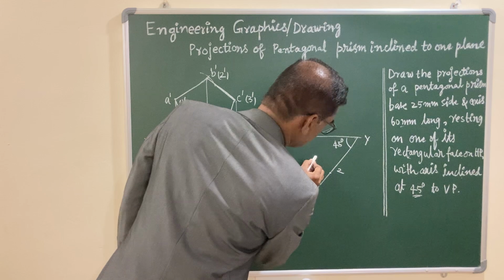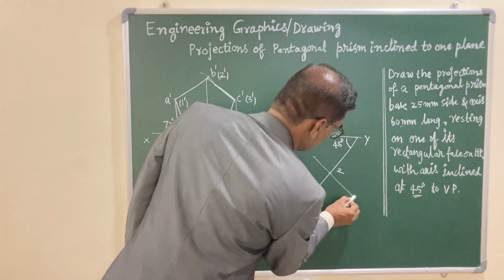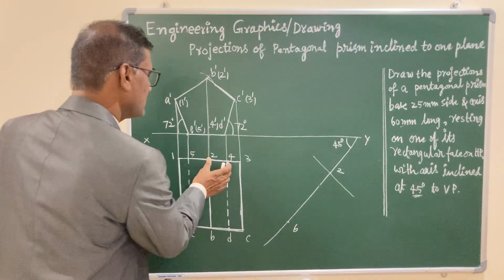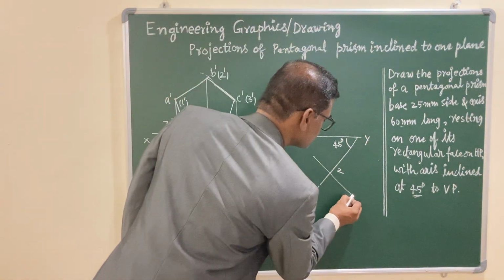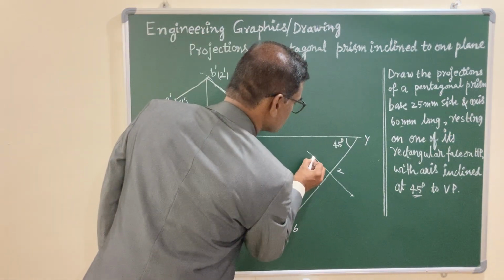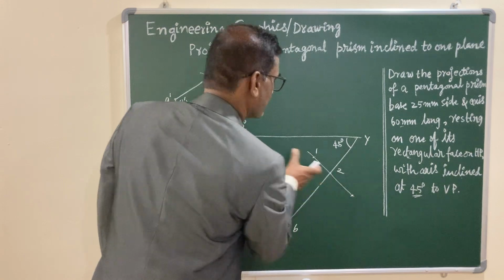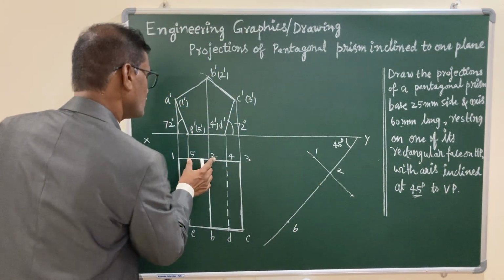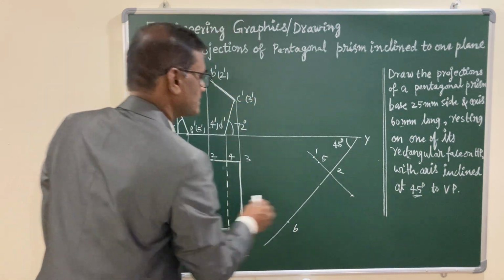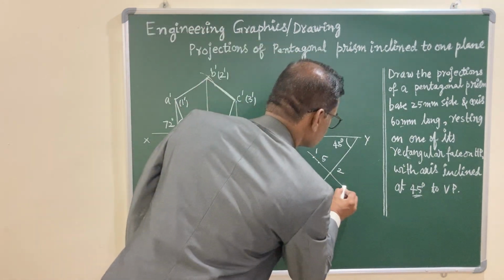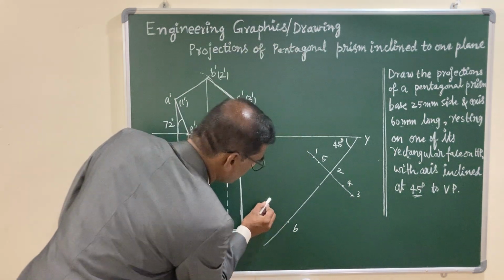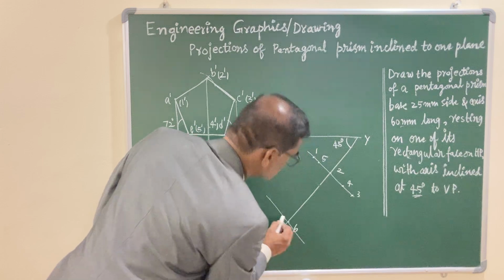Erect a perpendicular, which you can draw with the help of a mini drafter. Keep one scale along this and use the other scale to draw this line 2, 3, and the same length on the other side, 2, 1, and 2, 5, and it is 2, 4. Of course this is 3, and you can draw again a perpendicular to it.